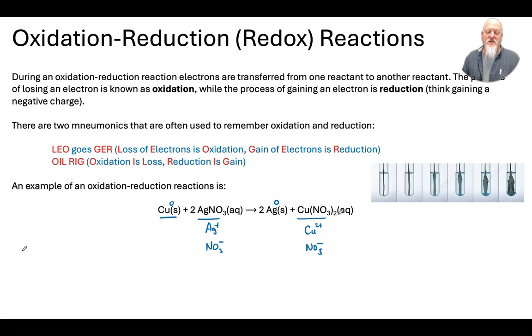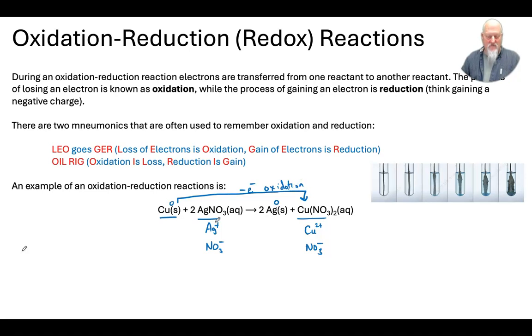So I need 2 positive charges to make it neutral. But what you see here is that copper goes from 0 over here to 2+. So in order to become a cation, it has to lose electrons. So that process is losing electrons. So the copper is being oxidized. So this is oxidation.